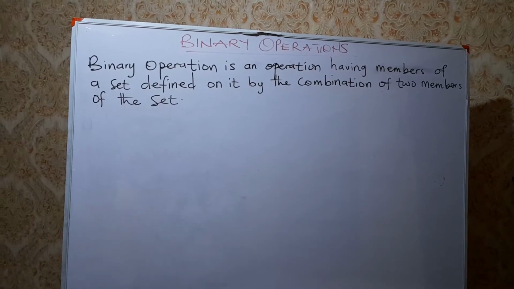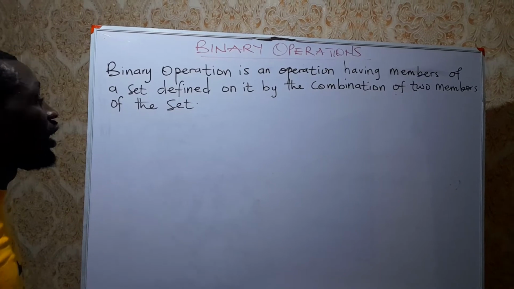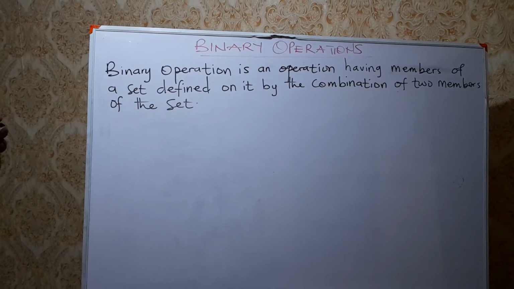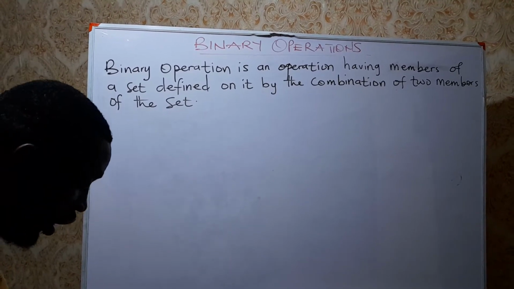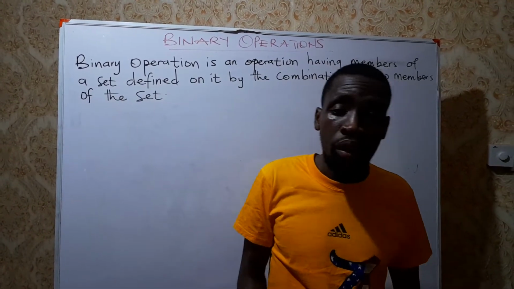So we're going to talk of binary operation. A binary operation is an operation having members of a set defined on it by the combination of two members of that set. And the set most of the time in contention is the set of real numbers.